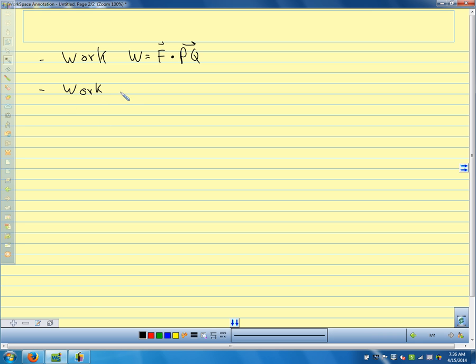We want to figure out a way, and our force can vary with x, y, and z. So we have this multivariable function that describes our force, a vector field. A force is a vector field.